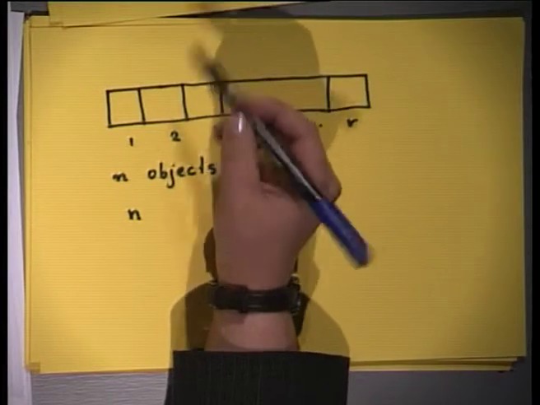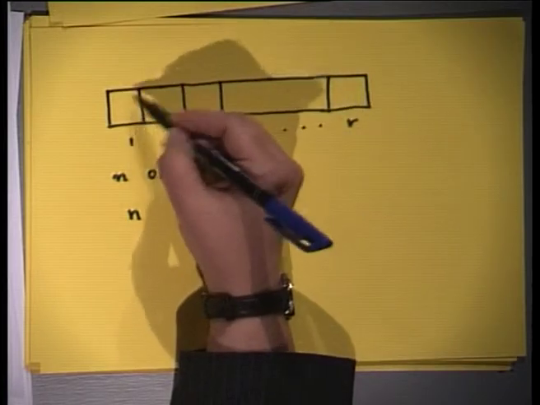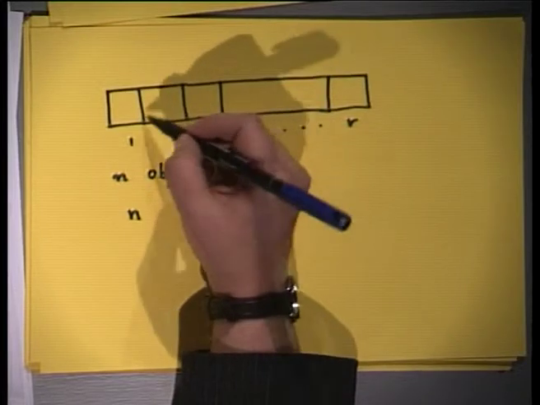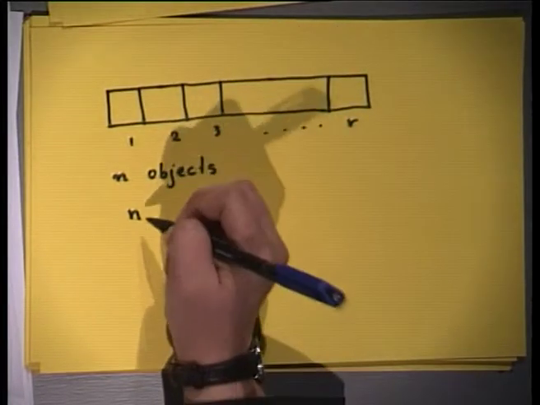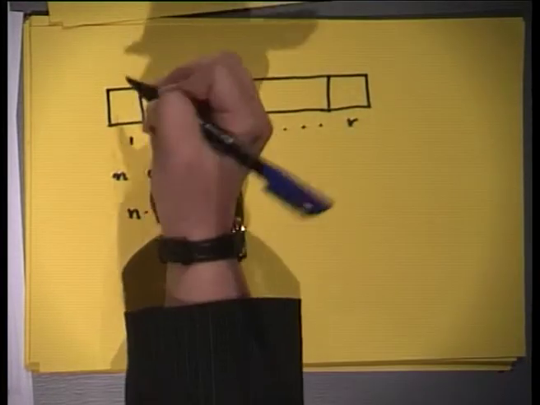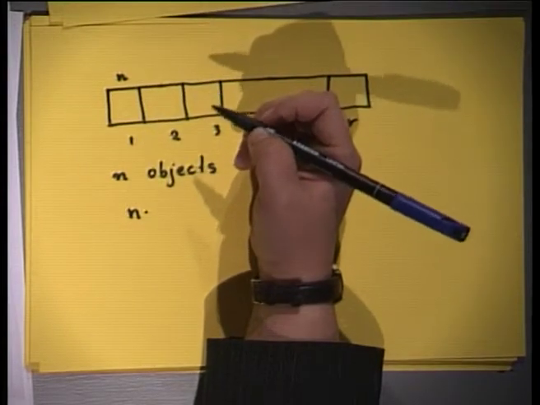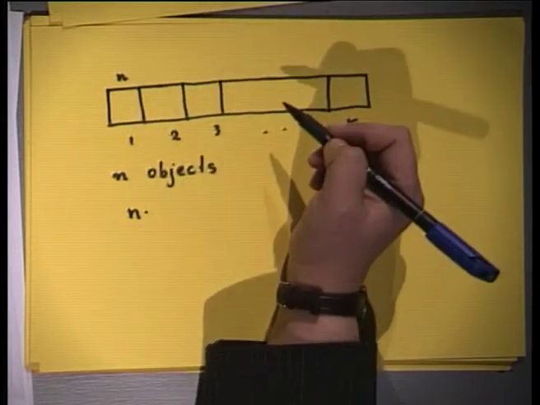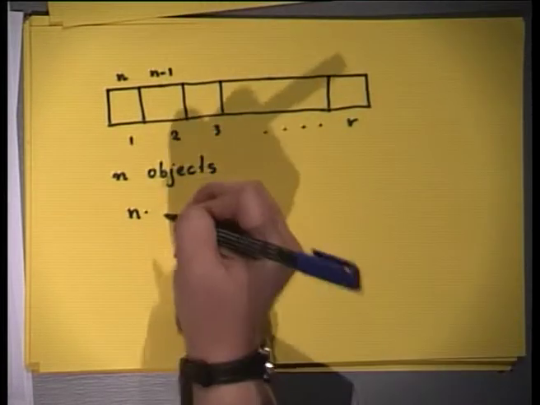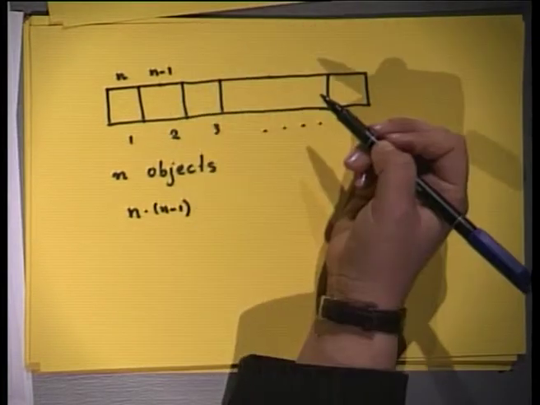Now, if we have already filled in box 1, in order to fill in box 2, we are left with n minus 1 objects. So here are n, 1 has already been taken out to fill in box 1. So we have n minus 1 different objects to fill in this box.